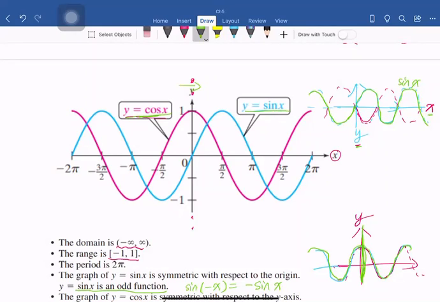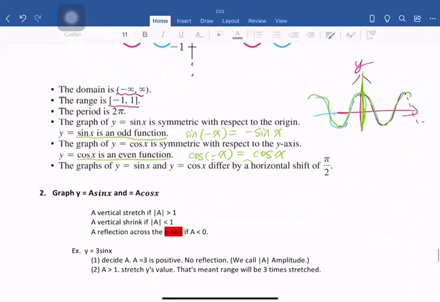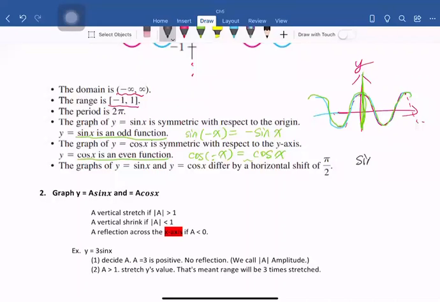And the cosine x is the sine x moved to the left by pi over 2 units. So for the relationship between sine and cosine, we can conclude that sine of (x plus pi over 2) equals cosine x.